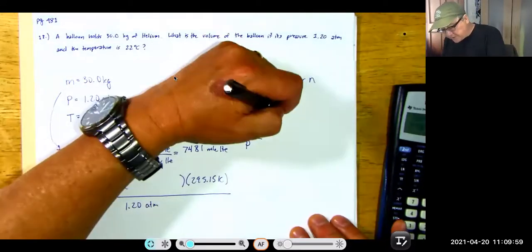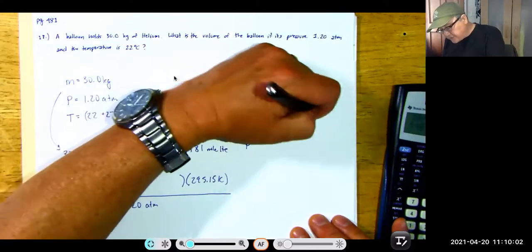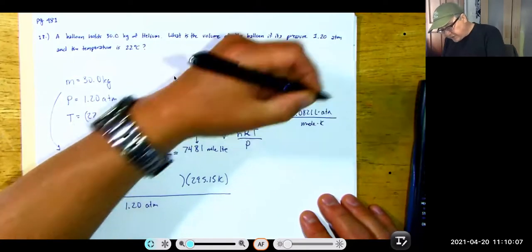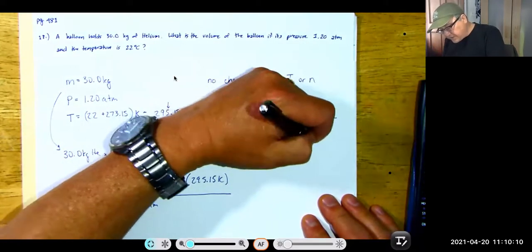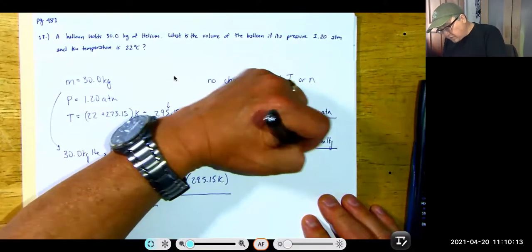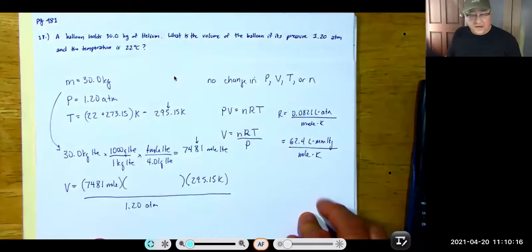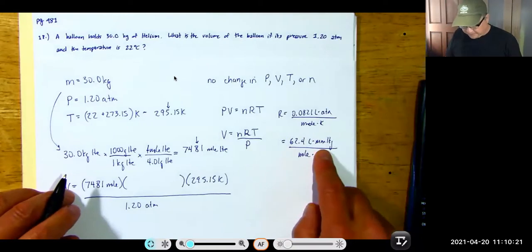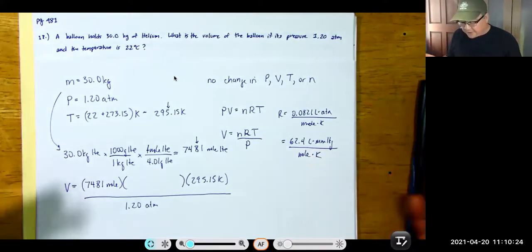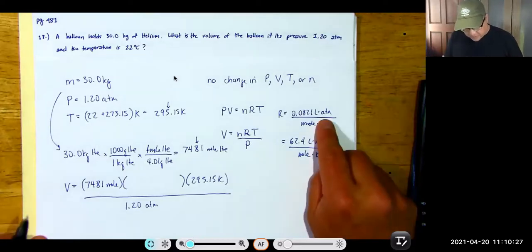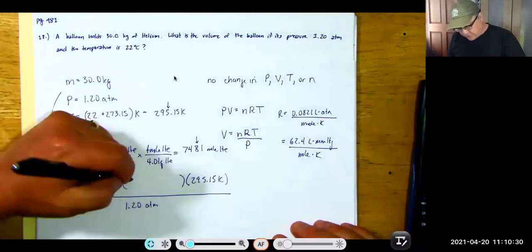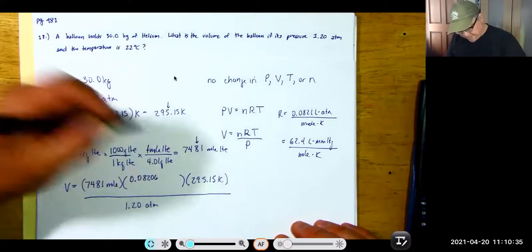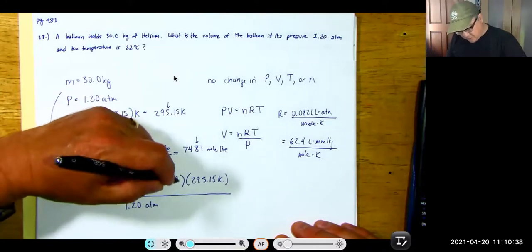Well, R is equal to 0.0821 liters atmospheres per mole per K, or it's equal to 62.4 liters millimeters of mercury per mole per K. Those are the 2 values for R. One R is based on atmospheres, the other R is based on millimeters of mercury. Which R are we going to use here? Well, I'm going to use the one that's more convenient, the one that has atmospheres, because my pressure here is in atmospheres. So I'm going to use R is equal to 0.08206 liters atmospheres per mole per K.